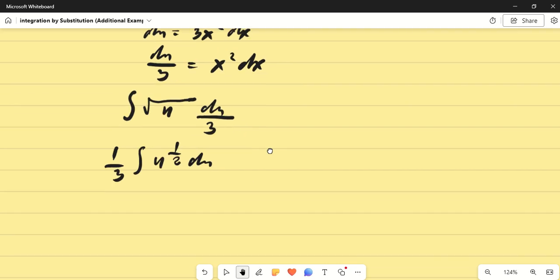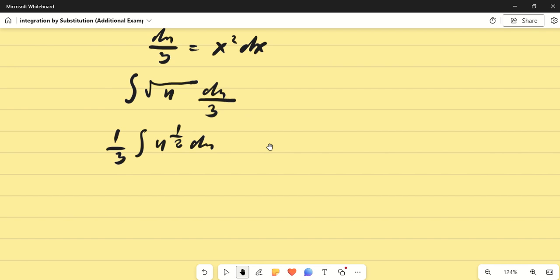Okay, so here in this example, you can apply basic integration techniques. So we can write it here, 1/3 times u raised to 1 half. Of course, we need to add 1 in our exponent. Then in the denominator, you have to write your 1 half plus 1 also.